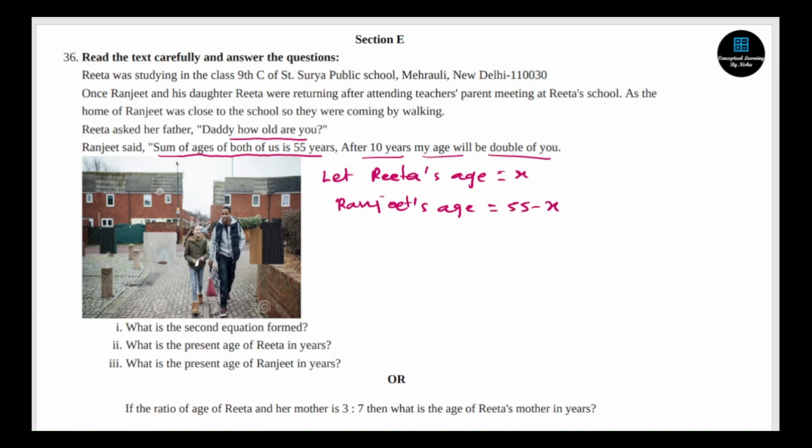Alright. Now, after 10 years, Rita's age becomes x plus 10 and Ranjit's age becomes 55 plus 10 minus x, correct? So, what do we get? 65 minus x. And this is double her age. So, 65 minus x equals 2 times x plus 10.